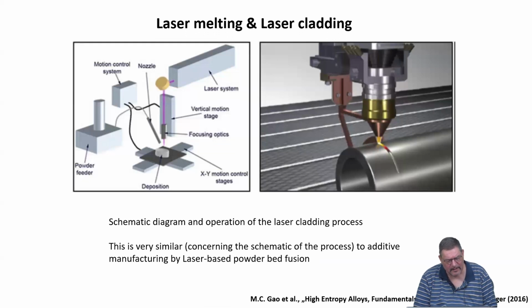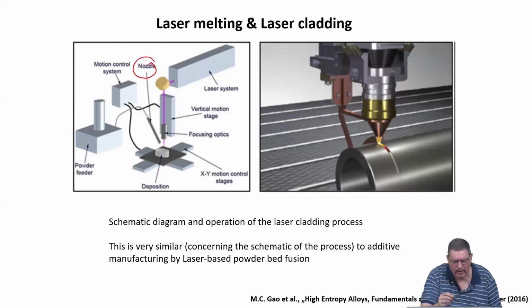Laser melting and laser cladding, very similar to additive manufacturing really, is basically you have some powder which comes through this nozzle, and then you have a laser beam which melts the powder at the place where you want it to form some material.